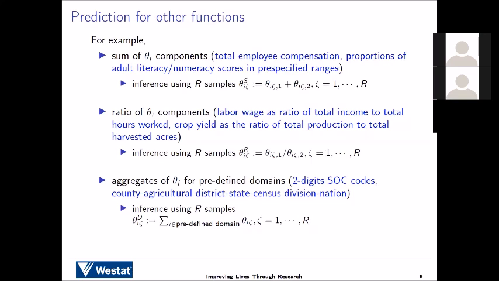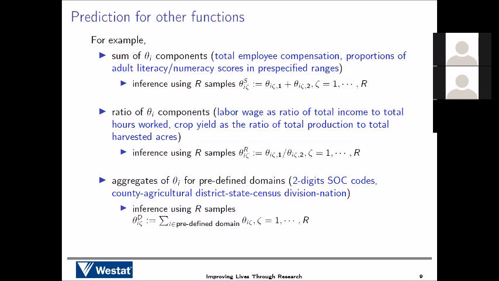Another example is the OECD study on adult literacy that I mentioned. There we jointly modeled proportions of adult literacy or numeracy scores in pre-specified ranges, but we can also draw inference on the sum of those two. Another example would be a ratio of theta i components.